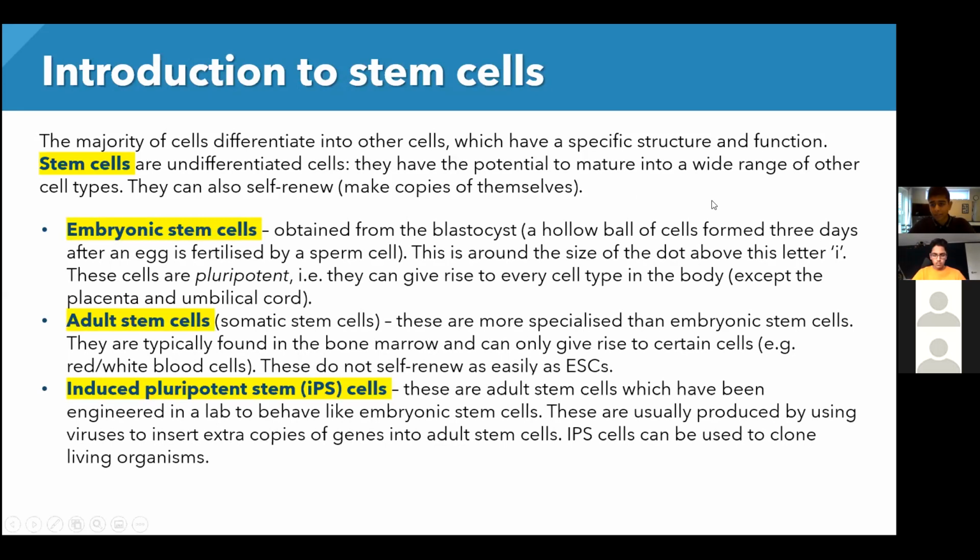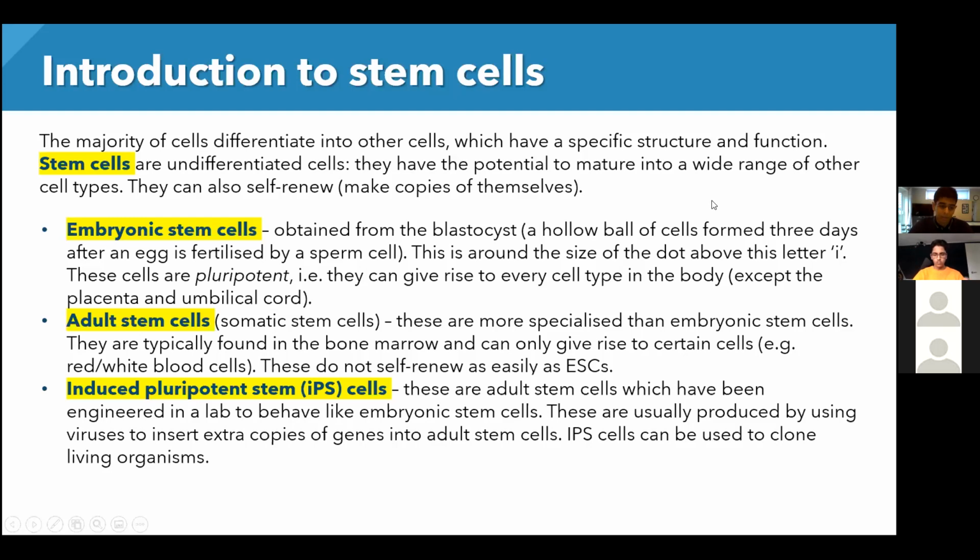These cells can be described as being pluripotent, which means they can give rise to basically every cell type in the body, with the exception of the placenta and the umbilical cord. And obviously, as you might expect, these are the ones where people have the most ethical concerns, due to the fact that they're taken from a fertilized egg.